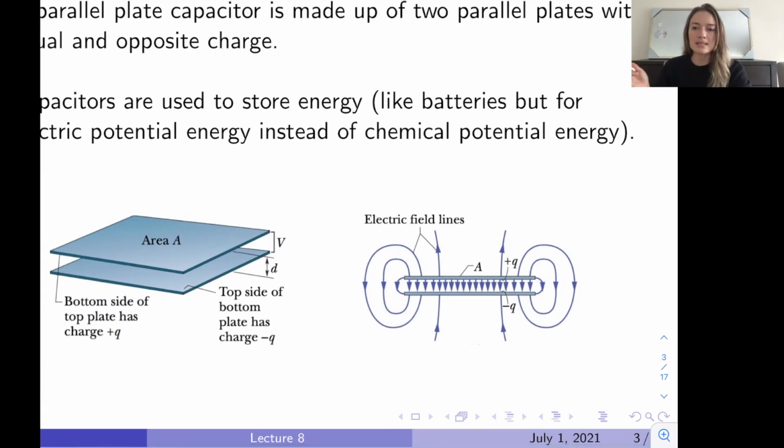But then where the plates end, it obviously doesn't look as perfect anymore. This you'll see called fringing effects. In a lot of problems for capacitors, the problem says ignore fringing effects. That just means ignore what's going on out here, and just look in the center of the capacitor where our electric field is perfectly uniform, and it's sigma over epsilon naught.